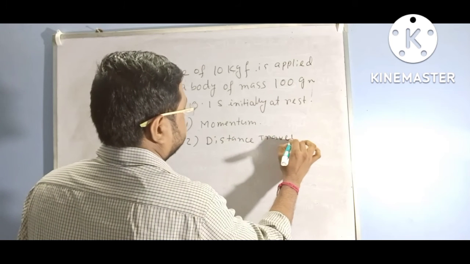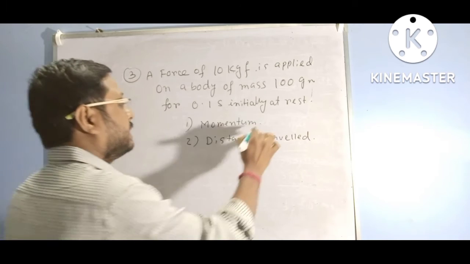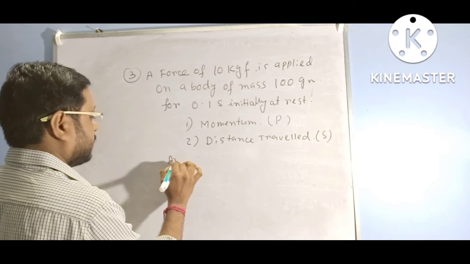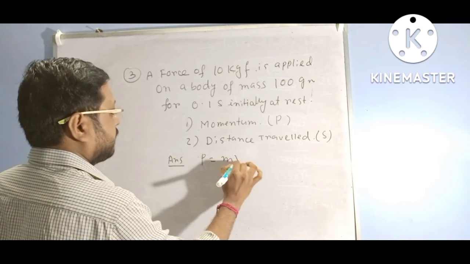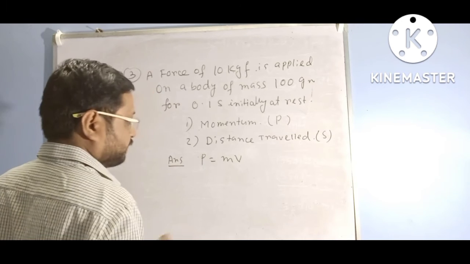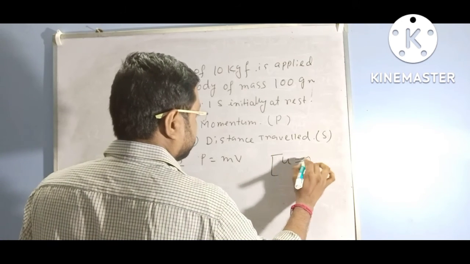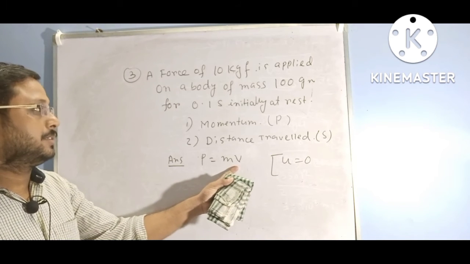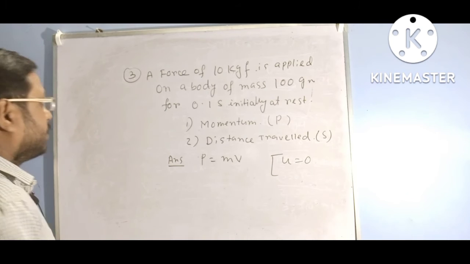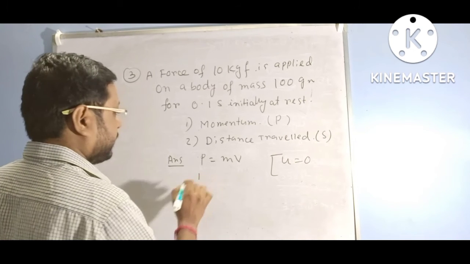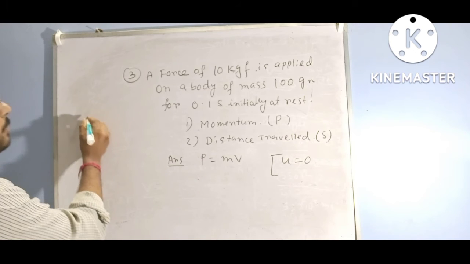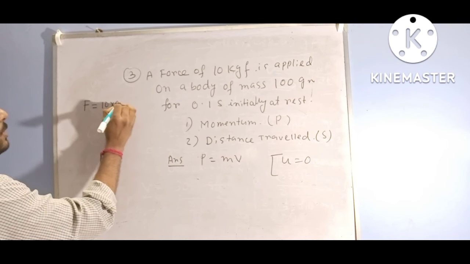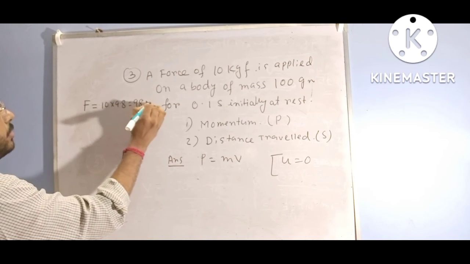How can we find this? That is momentum P and distance S. We know that P equal to mv. Initially at rest means initial velocity U equal to 0, and we don't know the final velocity V. What we know is force F equal to 10 kgf, that is 10 into 9.8 Newton, that is 98 Newton.